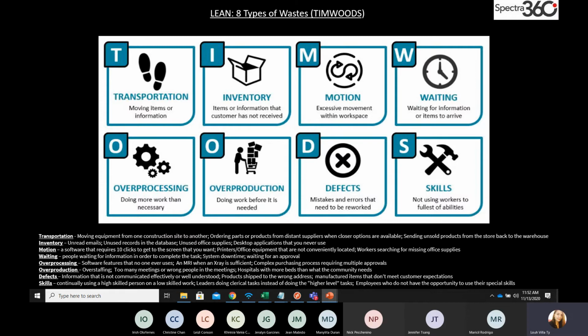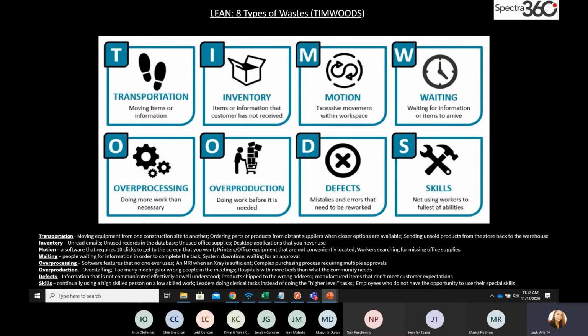An example of motion would be, say, we have a new software and you need to do 10 clicks to get to the screen that you want. That's a waste. Another example of a waste for motion would be printers or office equipment that are not conveniently located. So if you are on the 2nd floor and you need to go upstairs to the 3rd floor to print, then that's a waste as well.